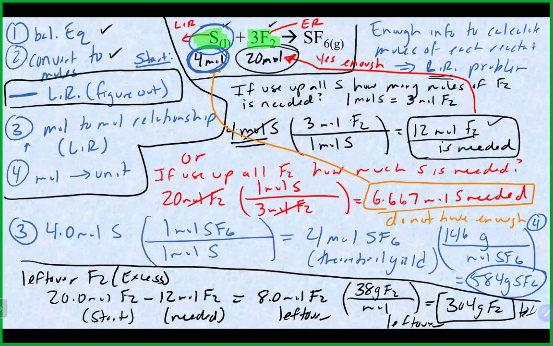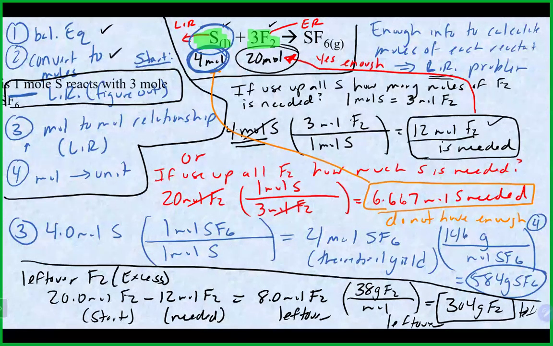So, this is one method to do limiting reagent problems. There are multiple ones, so I'm just going to show you one more method, which is nowadays very commonly taught, and that is when you determine it is a limiting reagent problem, you basically do two separate calculations.